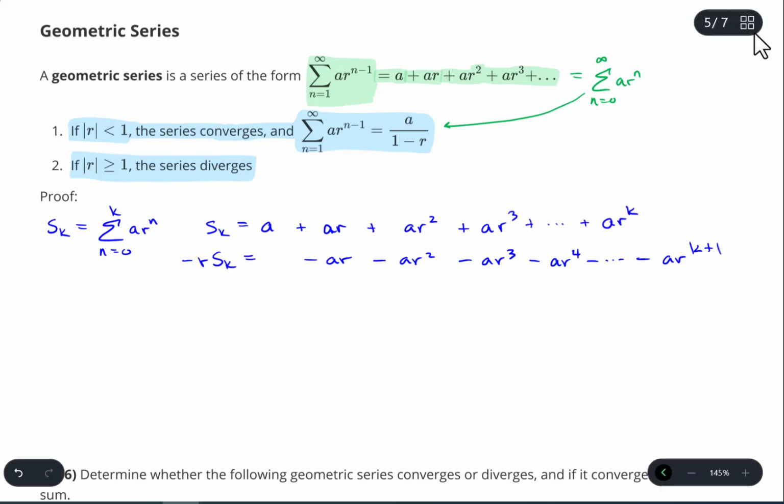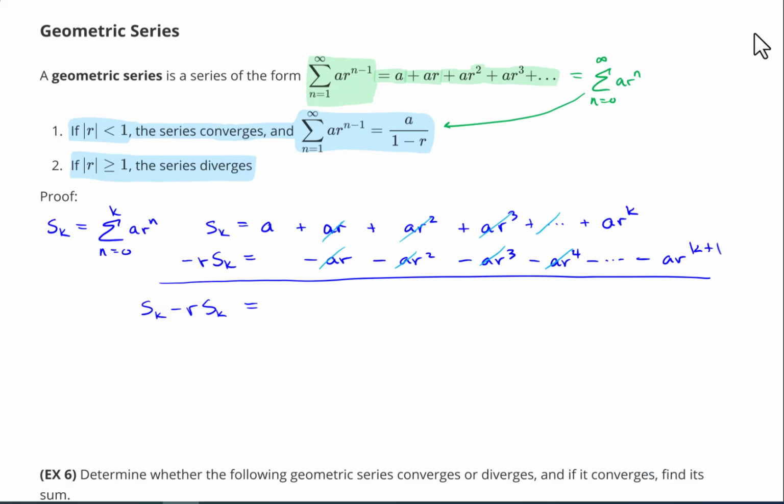Okay, now, if I subtract, on the left-hand side, I end up with something that looks like s sub k minus r times s sub k. But on the right-hand side, I get all kinds of things that cancel. Those two terms cancel. These cancel. These cancel. And even though I haven't written it, there would be a term up above here somewhere that would match the ar to the fourth.